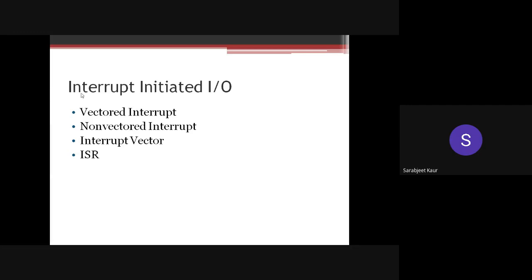The IO program is also known as the interrupt service routine. I think I told you this earlier. So the address of the interrupt service routine is called the interrupt vector.